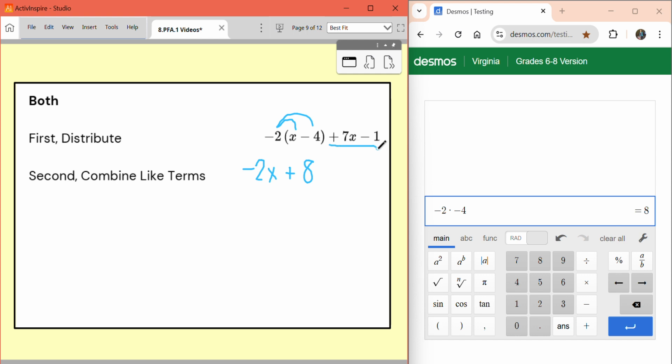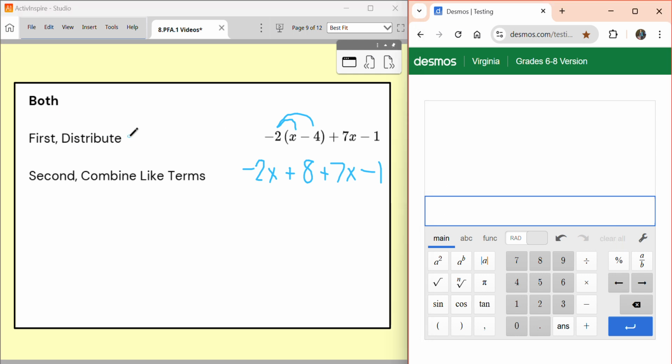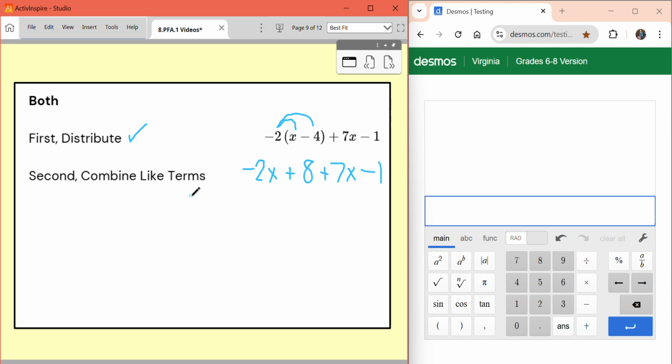There's this whole other part of the expression that I still have left that I didn't distribute to. So I'm going to just bring that down. Plus 7x minus 1. Then, after I've distributed, I'm going to check that off. I'm going to combine like terms.